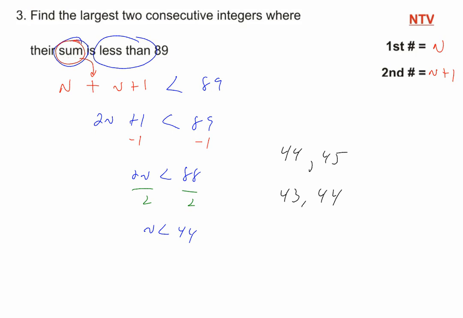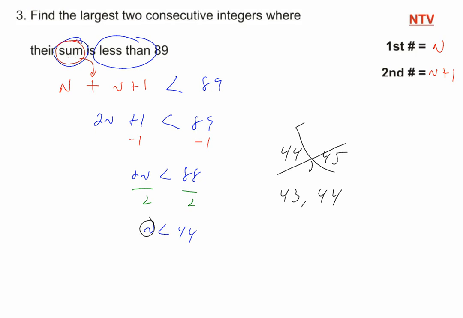Is 44 plus 45 less than 89? Is it? Are your two consecutive numbers less than 89? So how in the world can it be the answer? See, the first number has to be less than 44.